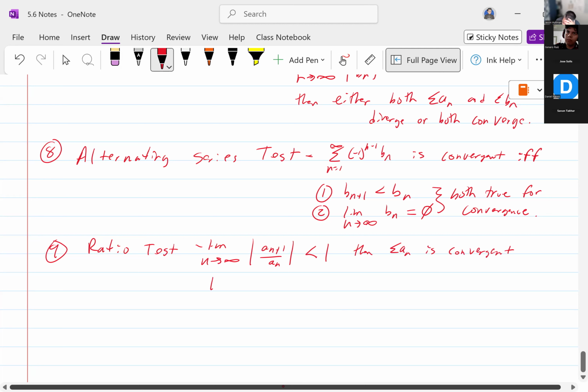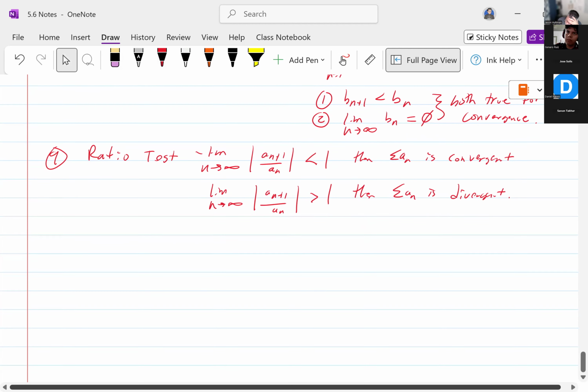If the limit is greater than 1, then the original series is divergent. And if it equals 1, it's inconclusive.